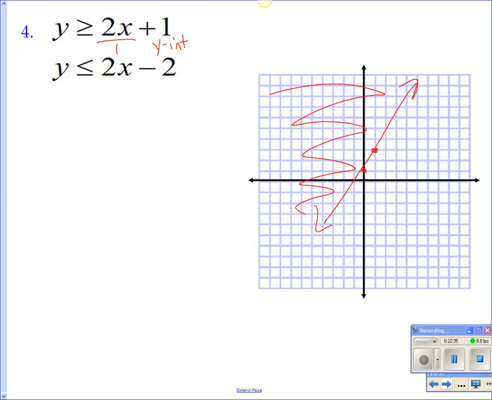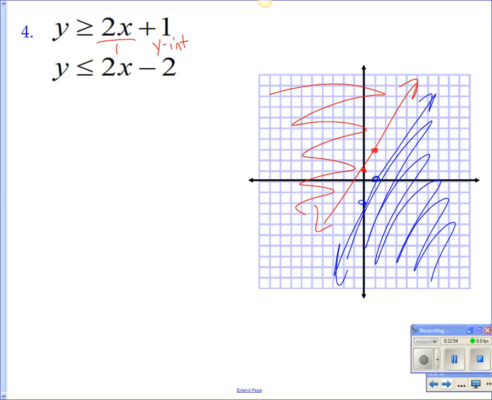Shannon, help me with the other one. Yep. And how do you shade for that one? Good. Where do both colors overlap?